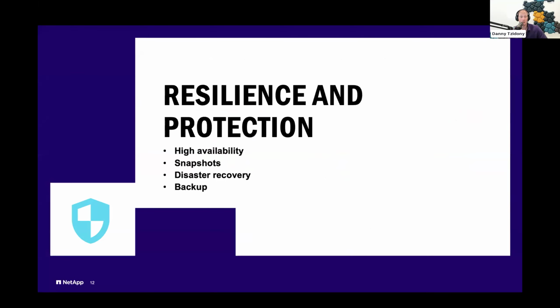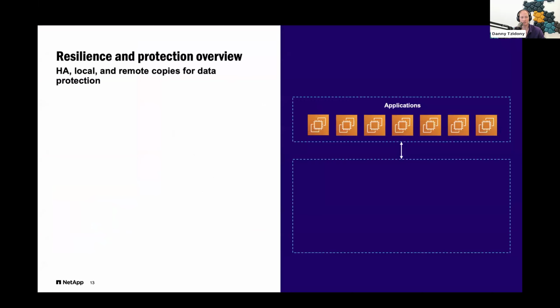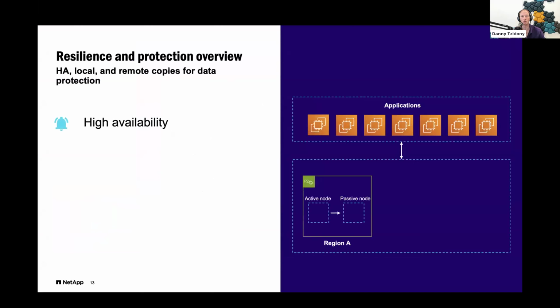All right, so let's talk a little bit about the features themselves when we come to resilience and protection in FSx. We've got our applications running on AWS. We have chosen FSx for ONTAP as our storage service.